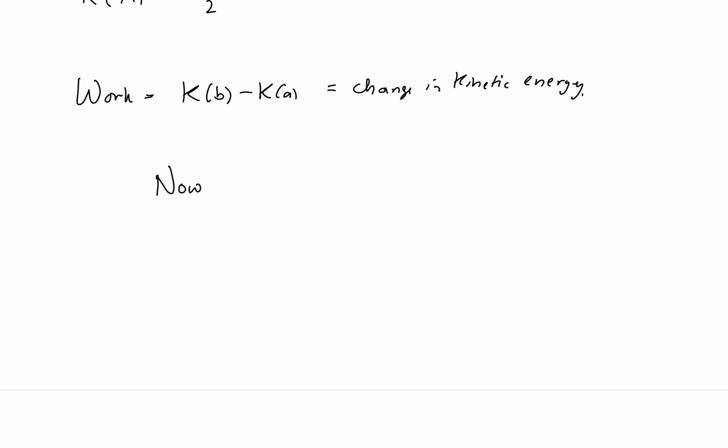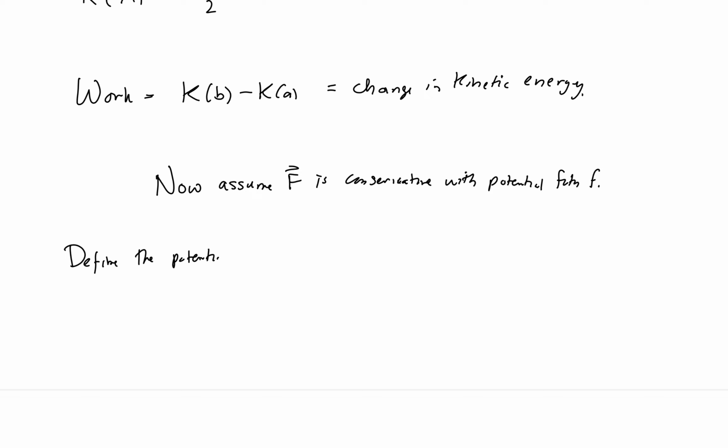So now let's assume our vector field is conservative. We haven't used conservative at all yet. So let's say with potential function f, which we gave above, but haven't used yet. Then we define the potential energy at, say, x y z by P of x y z equals the negative of the potential function at that point.